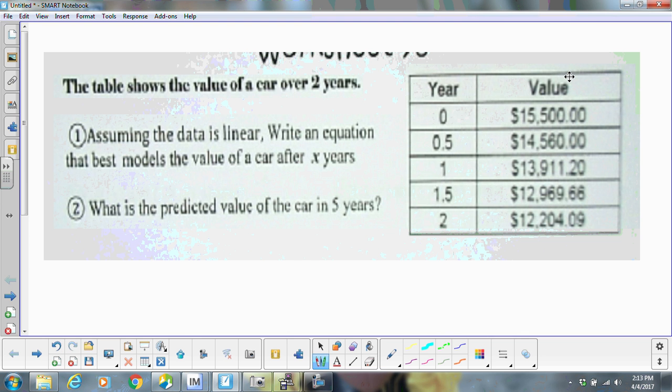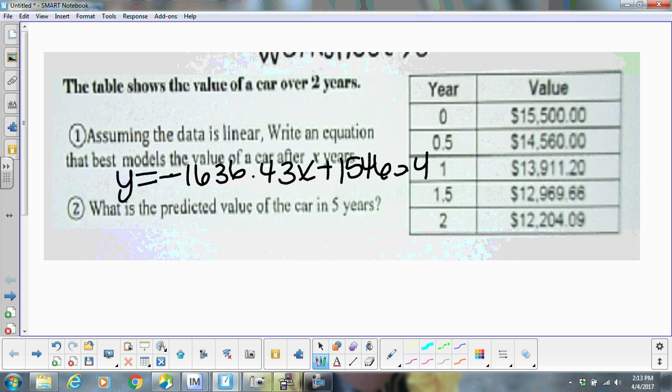StatCalc 4 is going to give us the equation y equals negative 1636.43x plus 15,465.42. Then we're going to do a prediction.